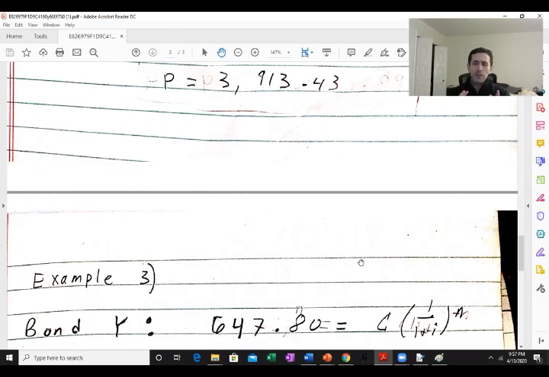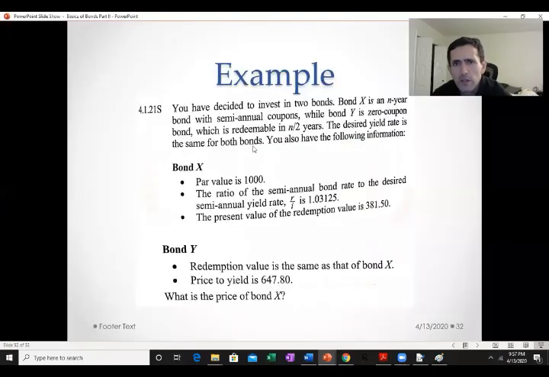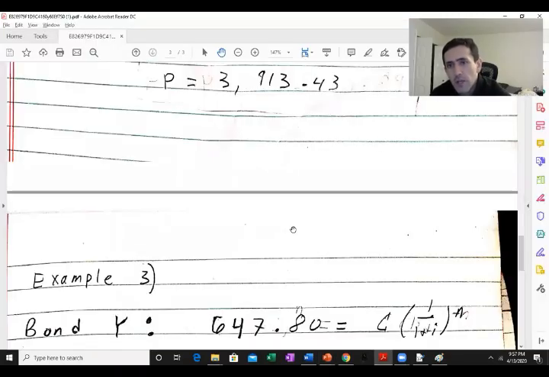At the end of n semi-annual periods, because bond Y matures in n over 2 years, so you have 2 times n over 2 is n semi-annual periods, you get C back, but you get nothing else.